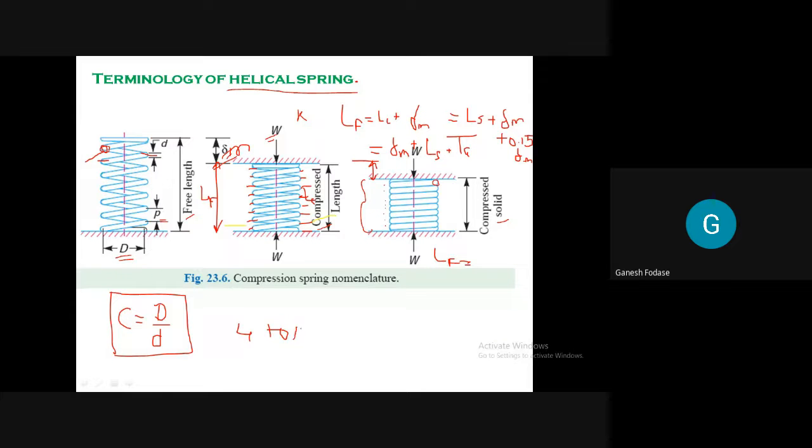More particularly, to avoid curvature effects, if you use 6 to 9, that is for close tolerance springs, those used for cyclic loading.